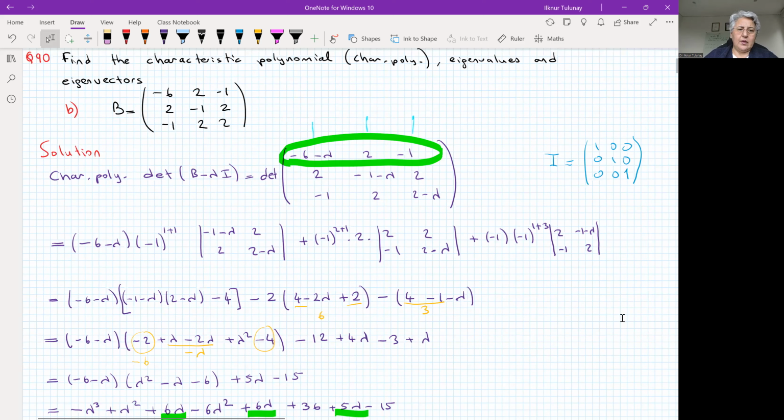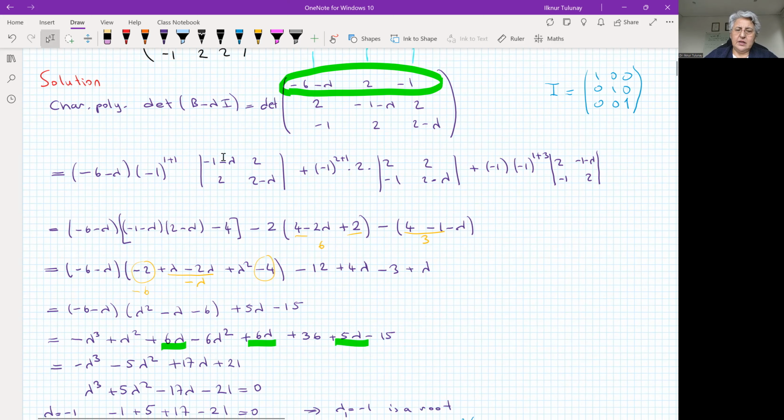Okay, so 6 minus lambda, this is positive, times the determinant here: this times this, (-1 minus lambda)(2 minus lambda), minus the opposite diagonal, which is -4. Here we have -2, right? This is minus, this is 2. This times this will be 4 minus 2 lambda, and minus the opposite diagonal, which will be plus 2.